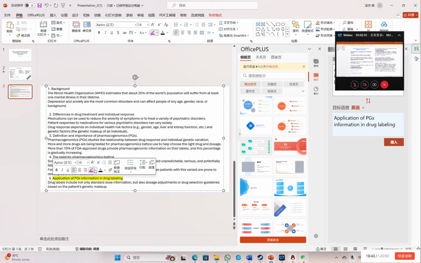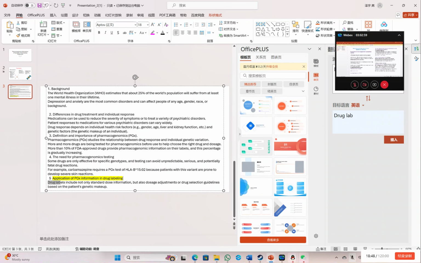Just one example about the genetic variation. Yeah, genetic variation or gene.